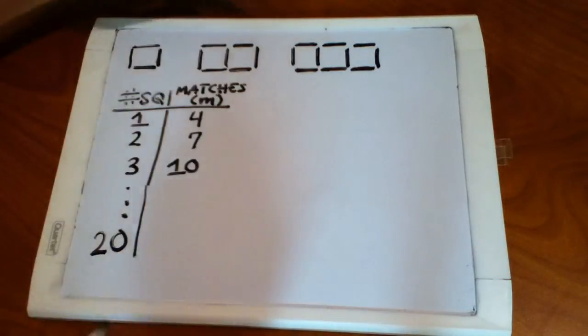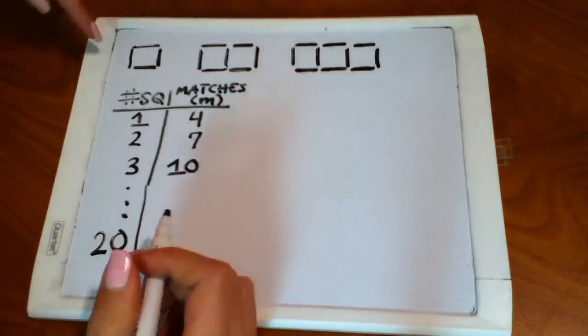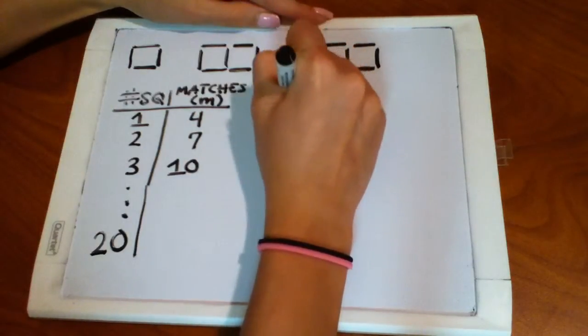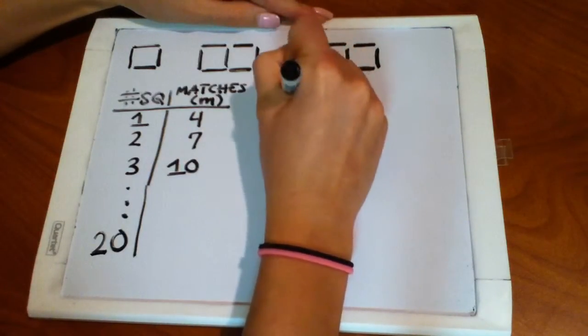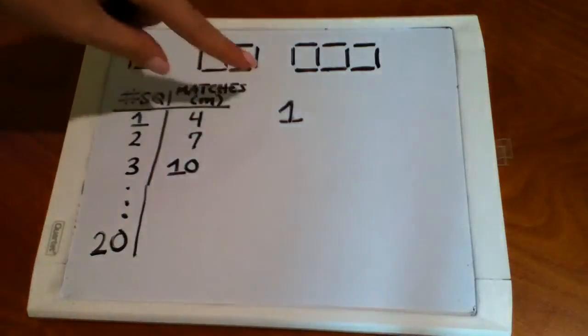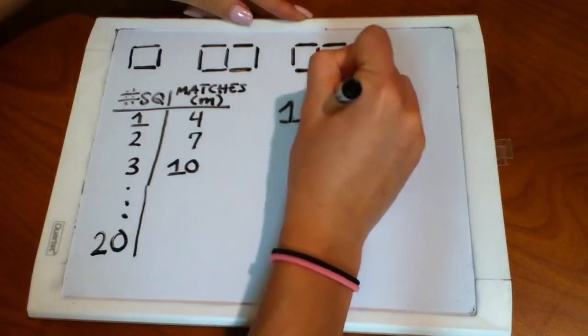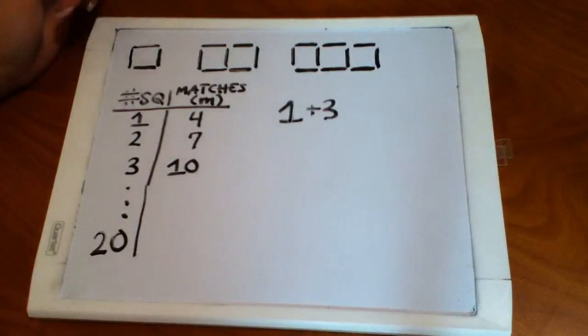So it seems like the repeating pattern is there is 1 match at the beginning of each pattern, and then plus 3 around it for each square there is.